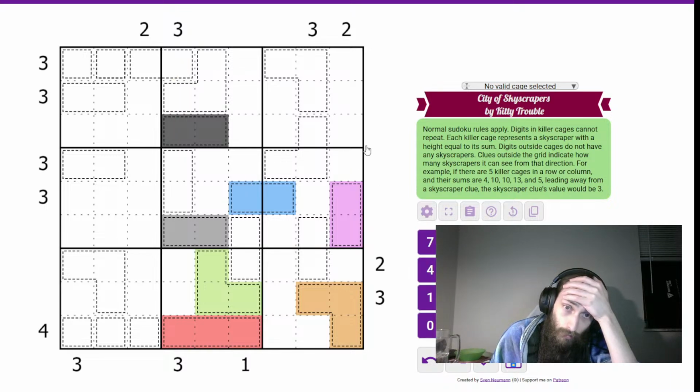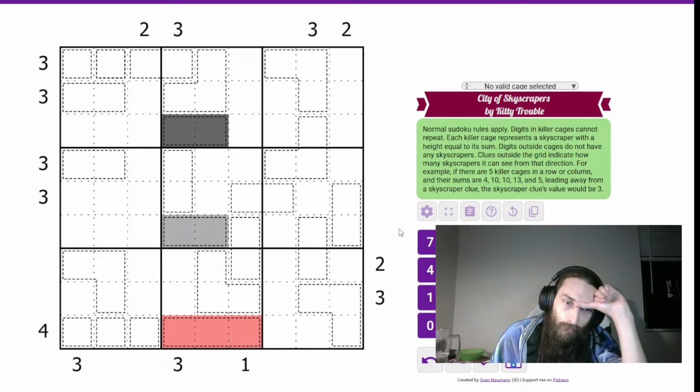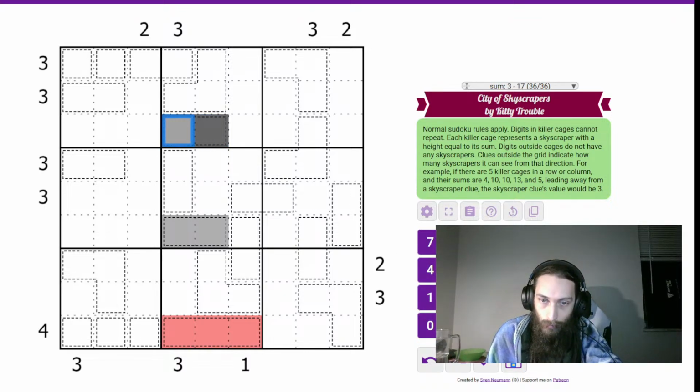I don't know how to notate that. Letters. Because we know red is smaller than this and this, maybe. Okay.